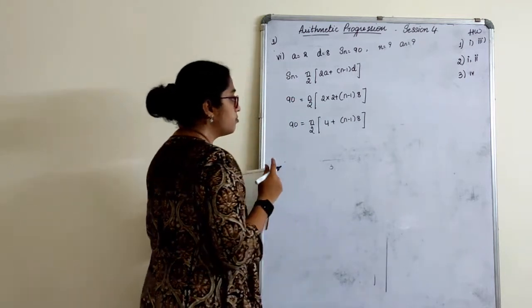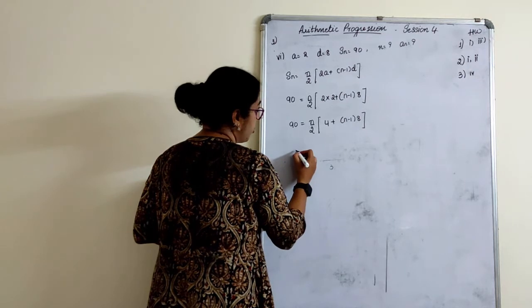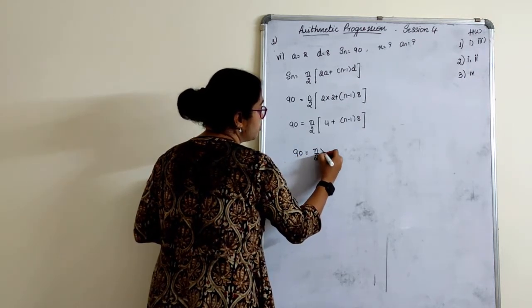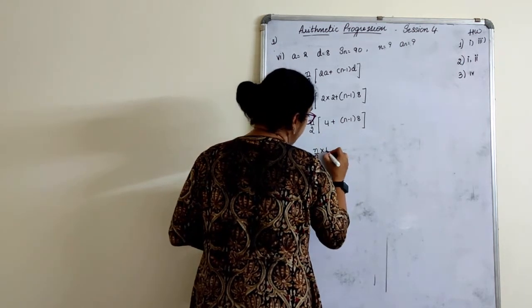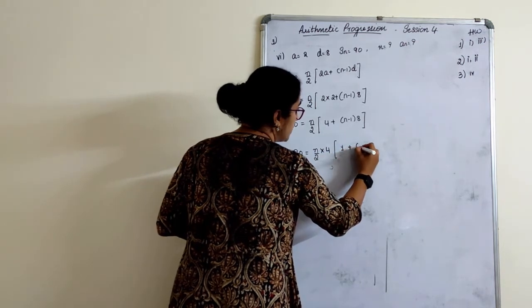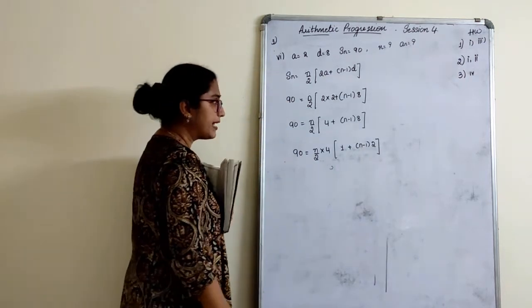Please don't cancel 2 ones are 2, 2 twos are there again. If you want, you can take 2 common. That way also it can be done. 90 is equal to N by 2 into 2 if I take common, or 4 if I take common. What will remain? 4 ones are 4 plus N minus 1 of 2. Right? I made it very simple.